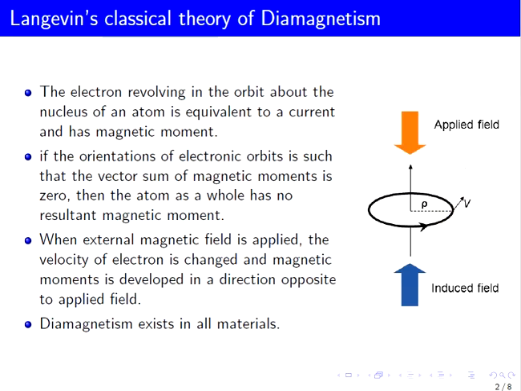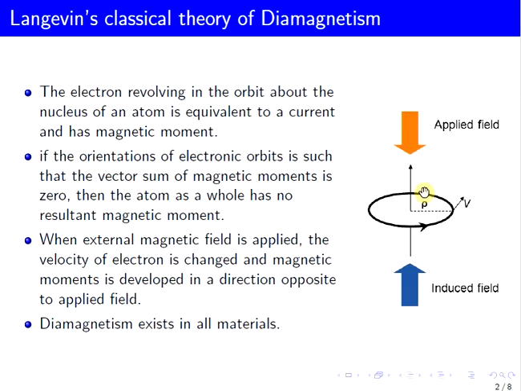In order to describe the classical theory of diamagnetism, consider an electron revolving around the nucleus in a circular orbit with frequency omega 0, the original frequency. The basis of this theory is that the change happening to the magnetic flux, which is the change in current, can be manifested by changes in the frequency of revolution of the electrons.